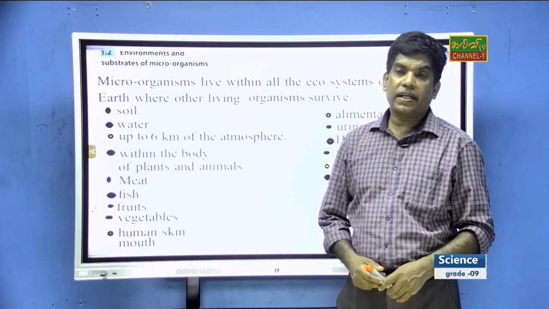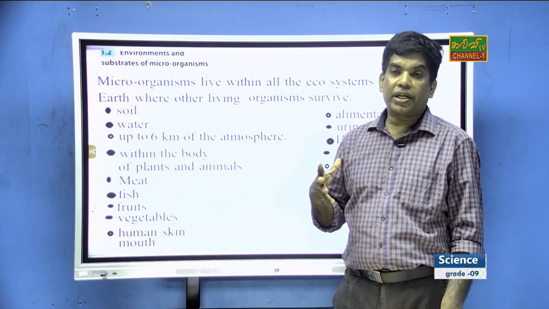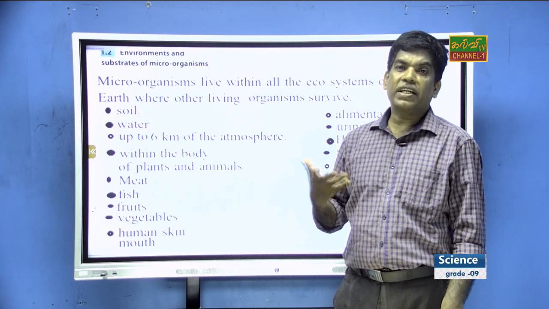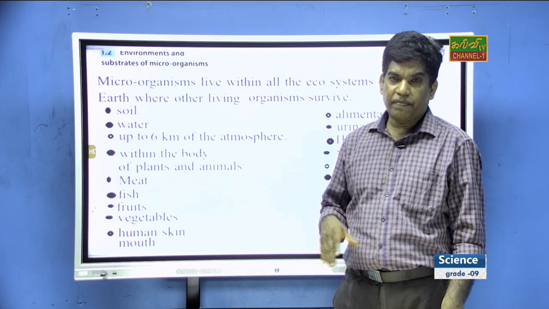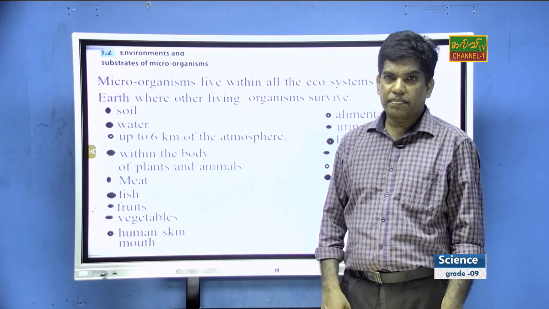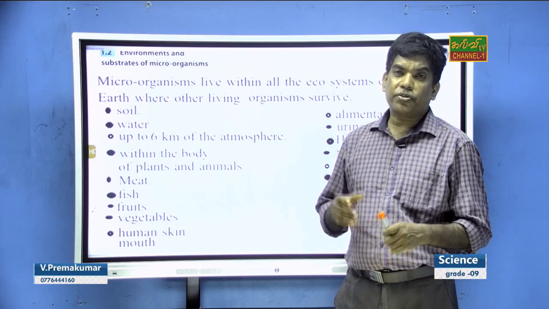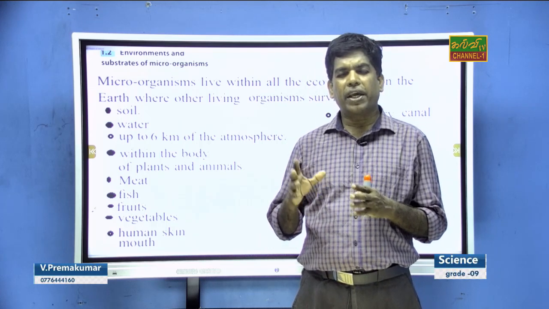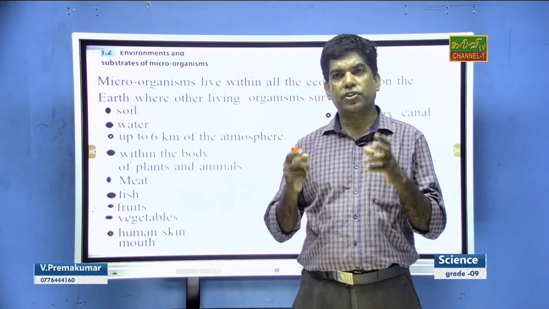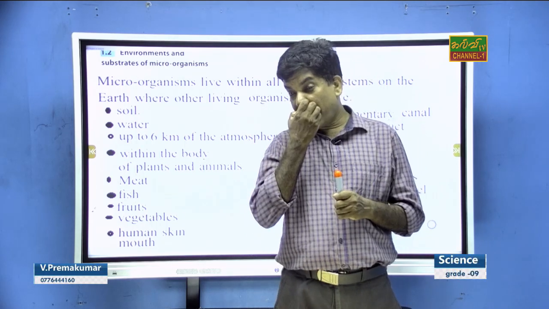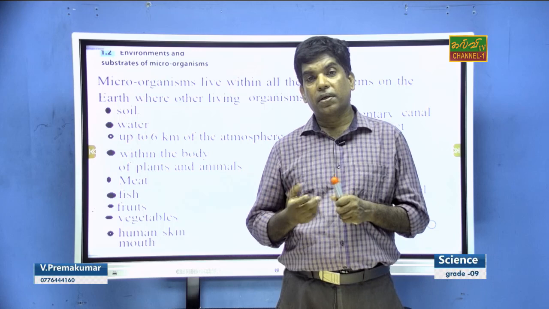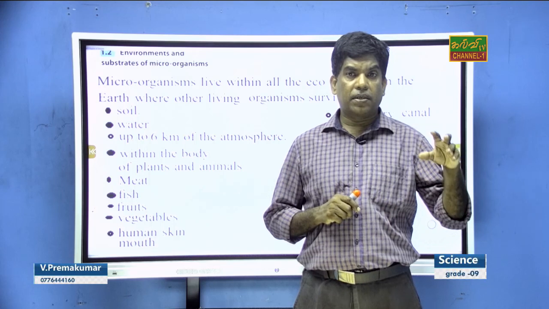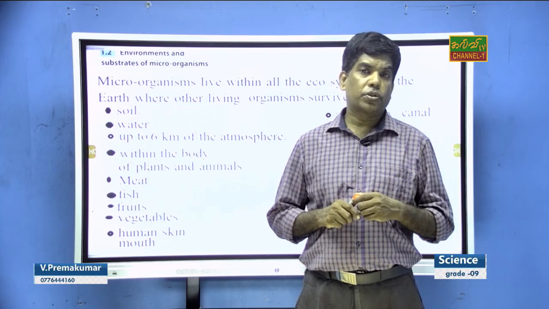So now, what are different kinds of environments? Different kinds of environments have different kinds of microorganisms. We use salt to kill bacteria, sometimes in dry fish, sometimes in lime sprinkles, right? That time we add salt.